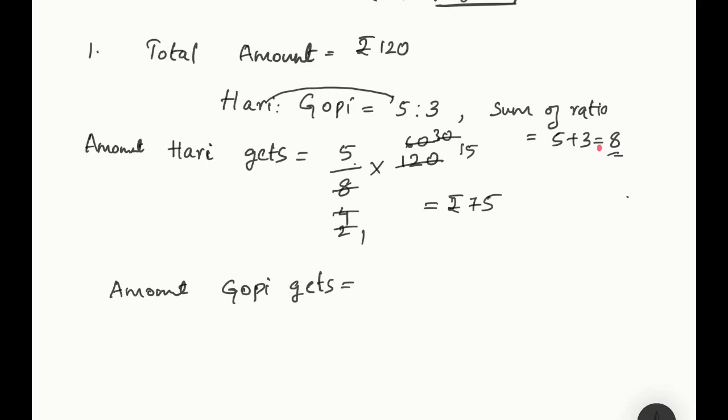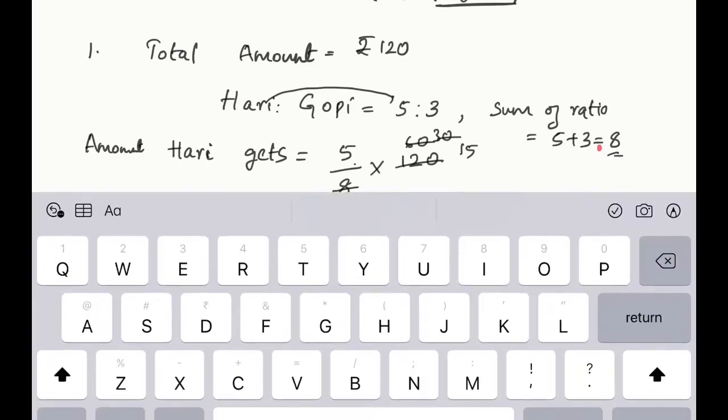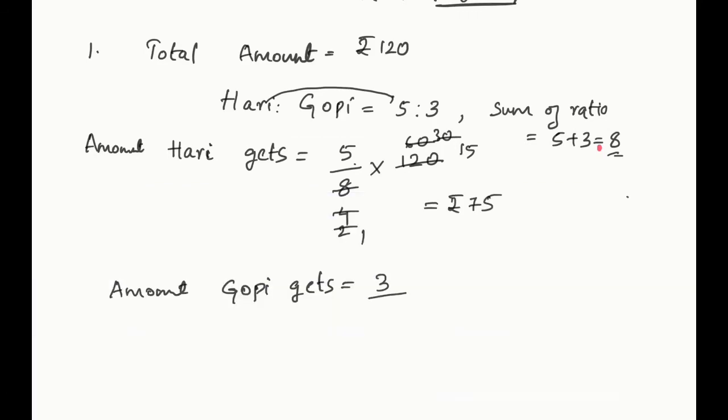Similarly, you can find out the amount Gopi gets. What is Gopi's ratio here? 3. So it is 3 by, what is the total sum? 8 into 120. When we divide 120 by 8, what did you get? 15, because we know 15 8s are 120. Here I have done it directly. So 15 into 3 gives you what? 15 3s are rupees 45.